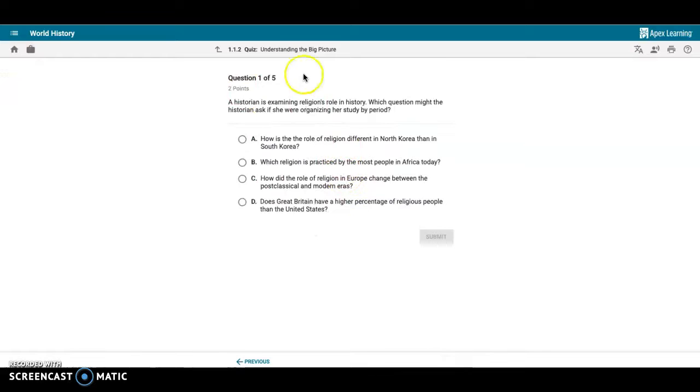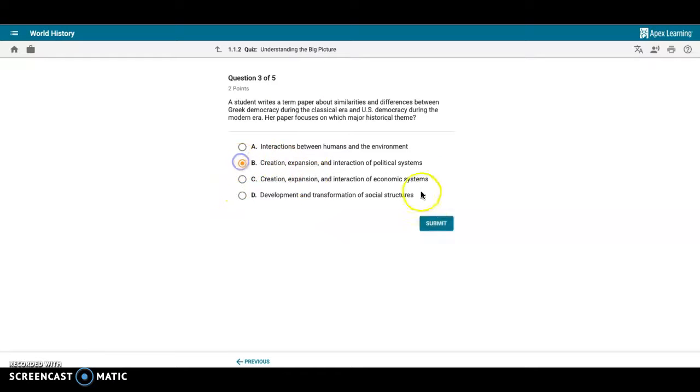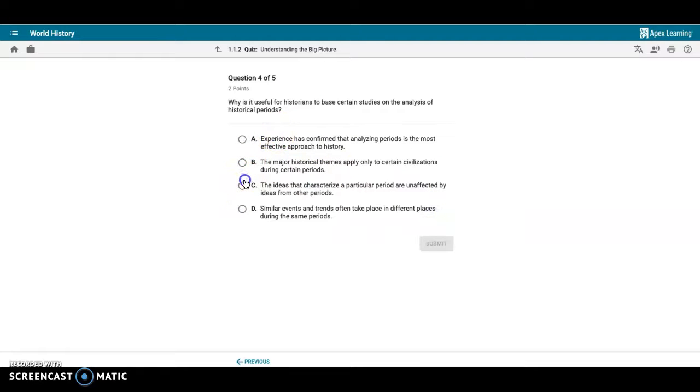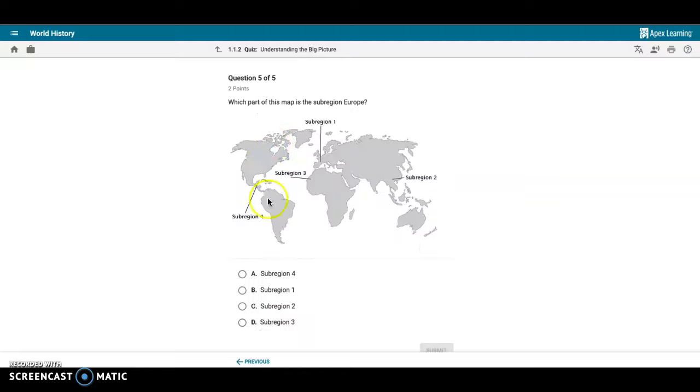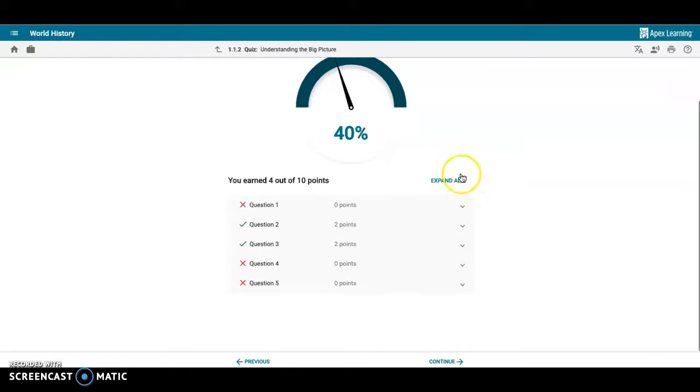So this is a quiz question. I am going to guess, for the sake of showing you, that there are only 5 questions, all information that they should have learned. After they complete it, it's going to show how they did.